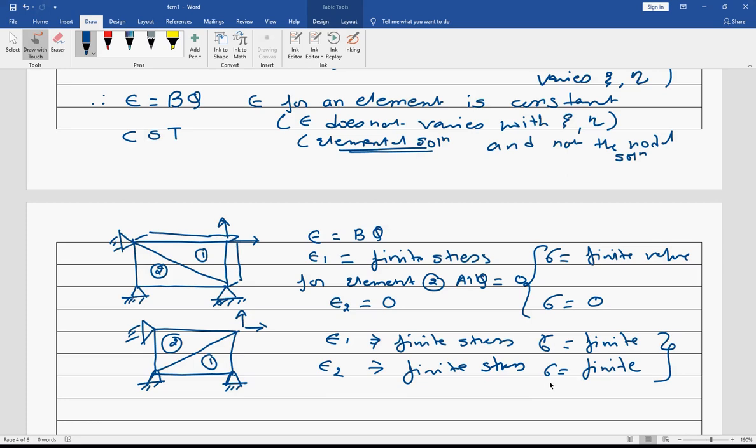Okay, so what it justifies basically for a triangular mesh is that accuracy is a concern. So this is the most important aspect that we should be aware of. For the same problem, if I solve like this, I get sigma finite, sigma 0. If I solve like this, I get sigma finite, sigma finite.